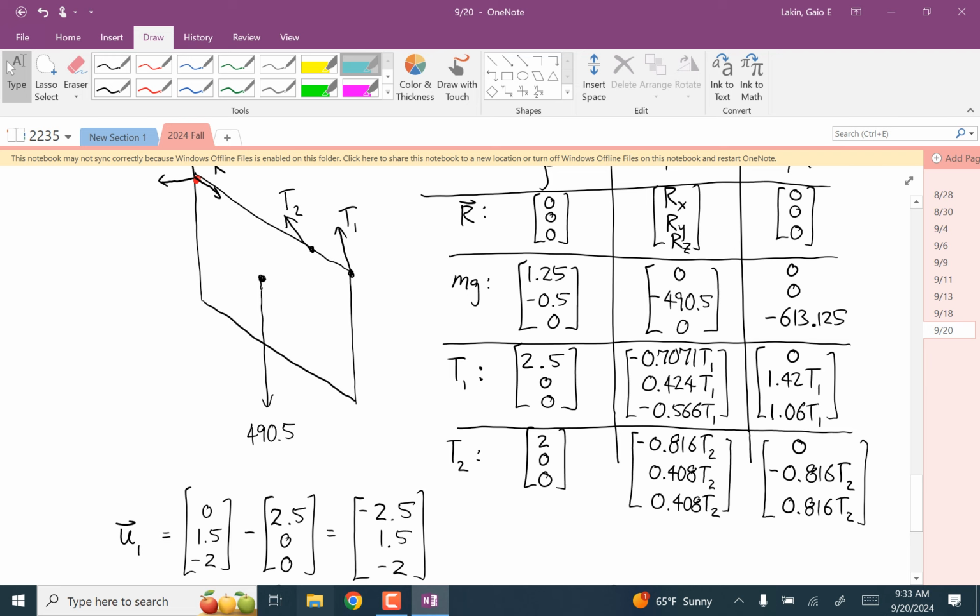And Newton's second law says we're going to add up all these vectors and they're going to equal a 0 vector. And rotational Newton's second law says we're going to add up all these vectors and they're going to equal a 0 vector. And now you can look and you can usually see, like in this case, we only have 5 variables, right? So one of our equations needs to either be a linear multiple of the other 5, which we wouldn't be able to see by just looking at this, or it needs to be 0 equals 0.